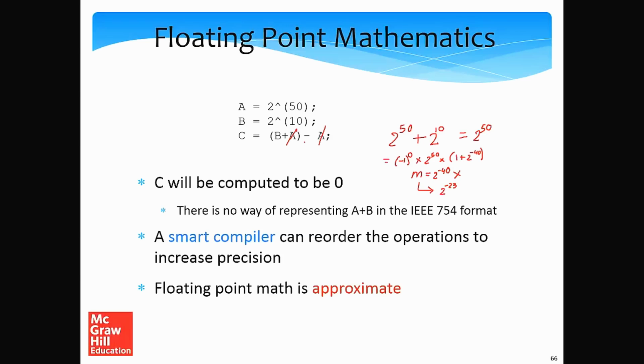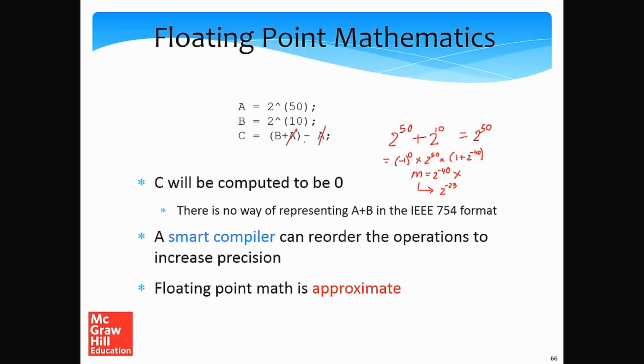In this case, we cannot represent a number of the form 2 raised to the power 50 plus 2 raised to the power 10. It's simply not possible to represent a number of this kind. As a result, we'll have a non-intuitive result at the end, where C will be computed to be 0. At least most compilers would do that.